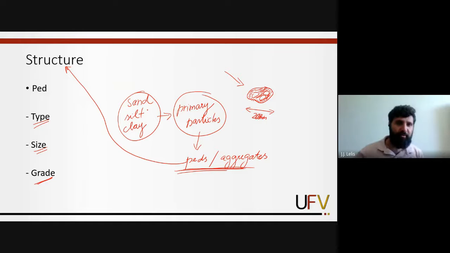I can describe sand, silt, and clay separated in that horizon, or they are all together forming peds. If I have a lot of peds, I have a strong grade. If I don't have a lot of peds, I have a weak grade.